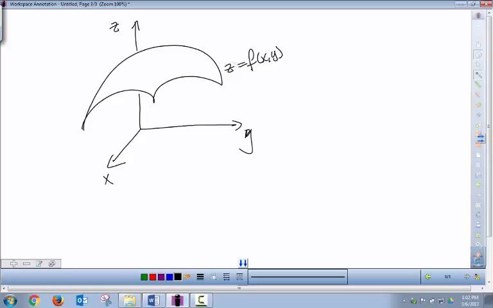And what we could do is make relationships between what's happening on the xy plane, which is our domain. Our domain is in R2. And then the output is your z-axis. And this is our representation. So if I put a point on the xy plane, then we can say that this is a 2-dimensional point, but you can throw it in 3 dimensions by putting a 0 in the third component.